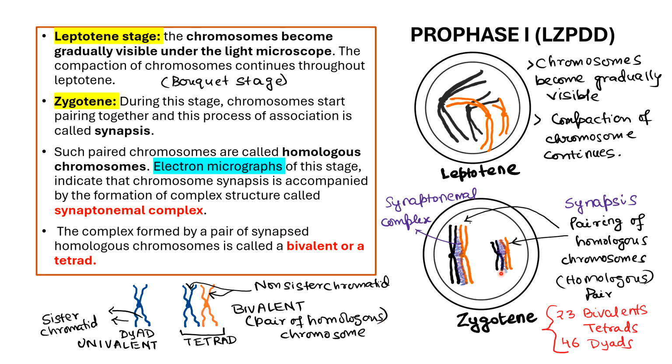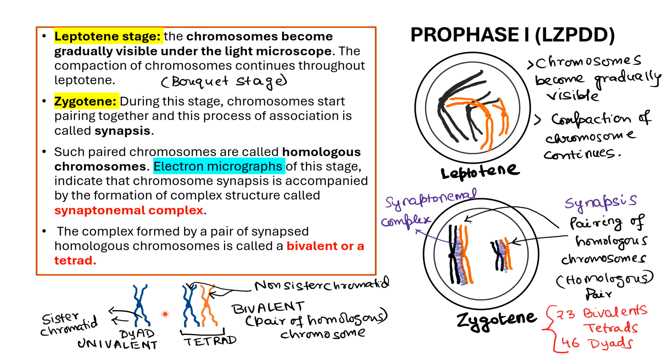The formation of the bivalent and the tetrad begins in the zygotene stage, but we cannot clearly see the tetrad because the chromosomes are closely associated together by the synaptonemal complex. But the formation of the tetrad and the bivalent takes place in zygotene, right?